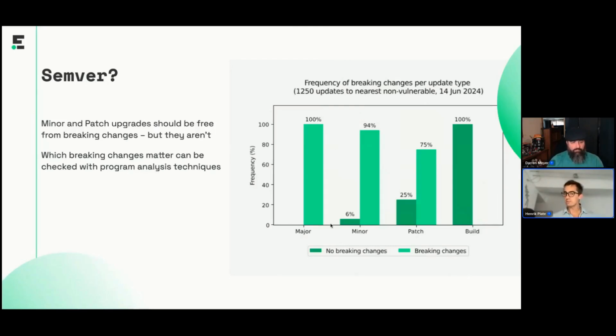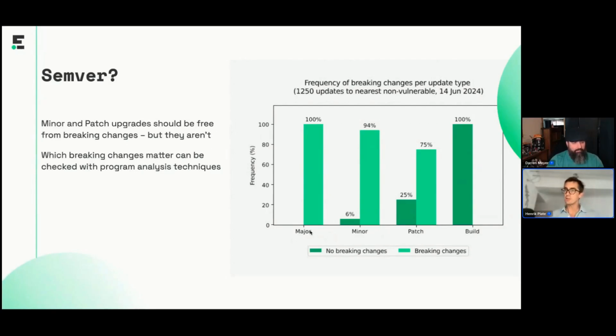So you see in this bar chart whether and how many times there are breaking changes or no breaking changes in major, minor, patch and build version updates, right? Starting from the left, you see that 100% of the major version updates do introduce breaking changes, which is perfectly aligned with this idea of SemVer, right?